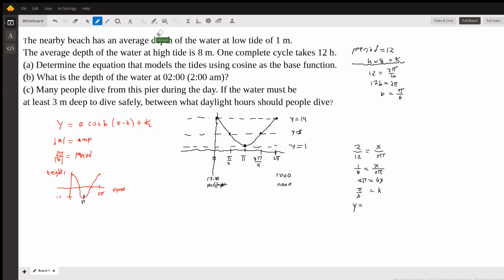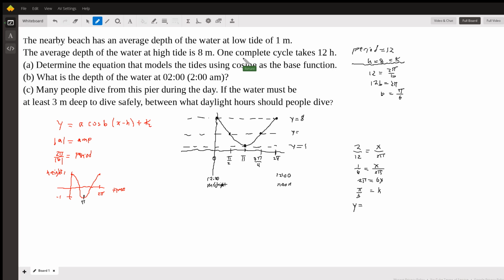That's 8. Excuse me here, I made a mistake. So at high tide, the average depth at high tide is 8. And 1 cycle, okay. 8.